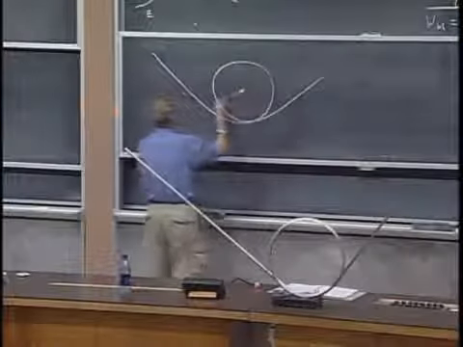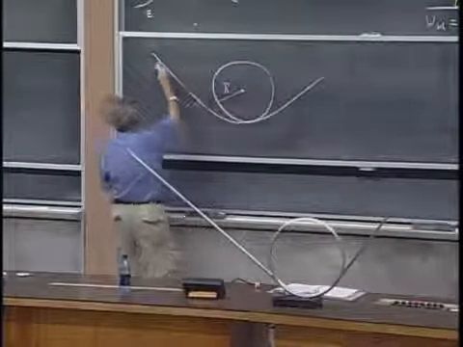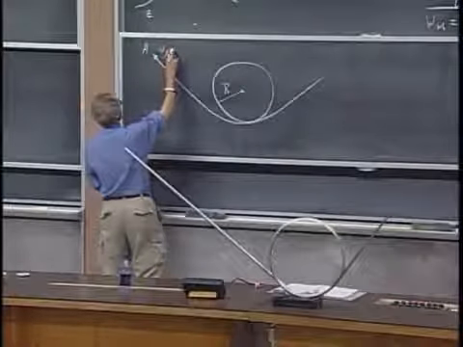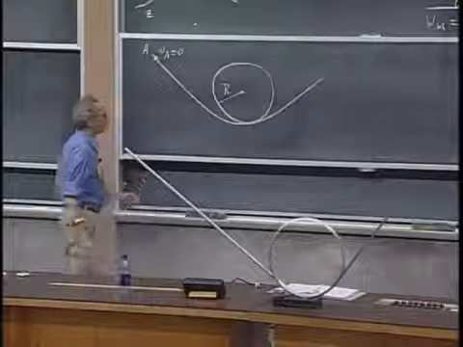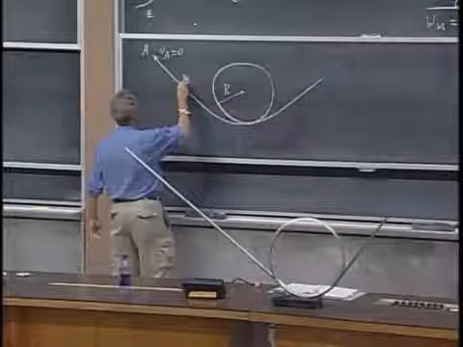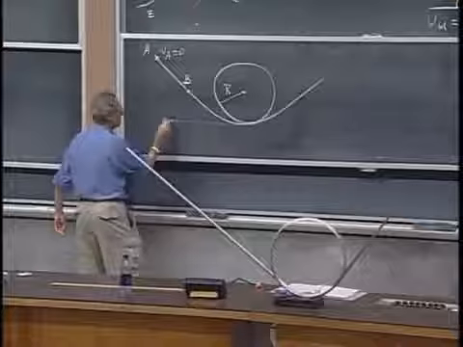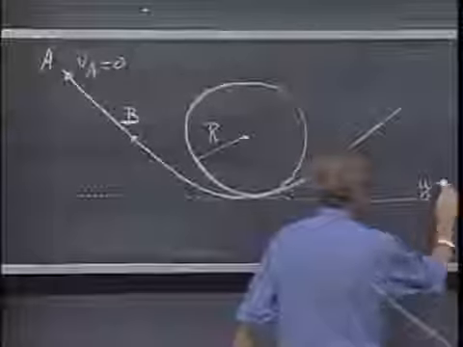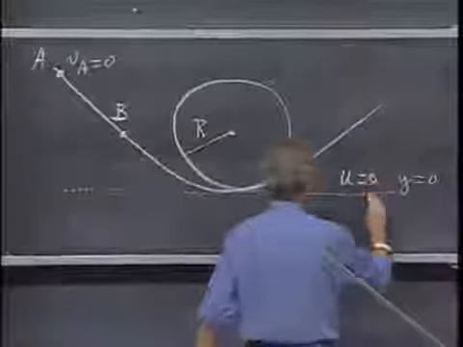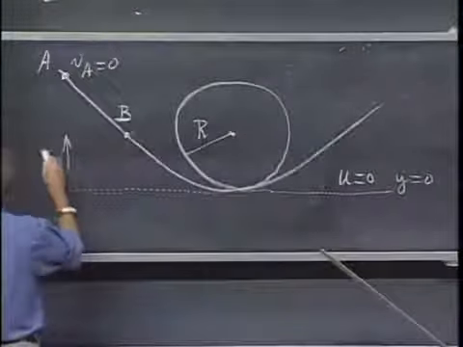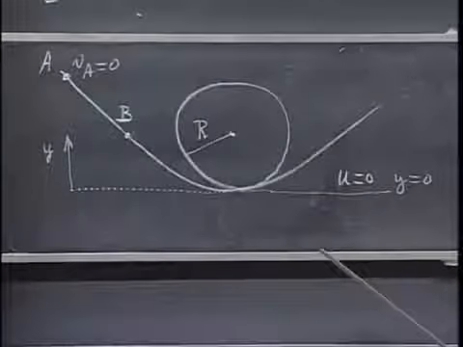So let the circle have a radius r. Let this point be A. I release it with 0 speed. I assume that there is no friction for now. Let this point be B. And I define here y equals 0, or what is even more important, I define that u equals 0. And this is the positive direction of y.